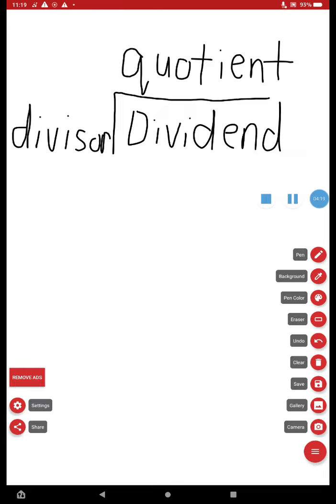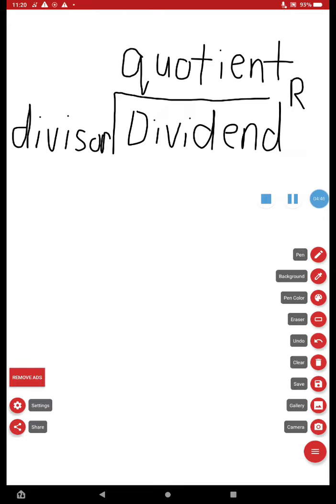Dividend divided by divisor gets me a quotient. And sometimes I have numbers left over that don't fit inside the quotient nicely, and I call those the remainder, which I usually represent with an uppercase R. Keep all that in mind today. Dividend is divided by the divisor, which gets me the quotient. And sometimes I have a number left over, which I call the remainder.